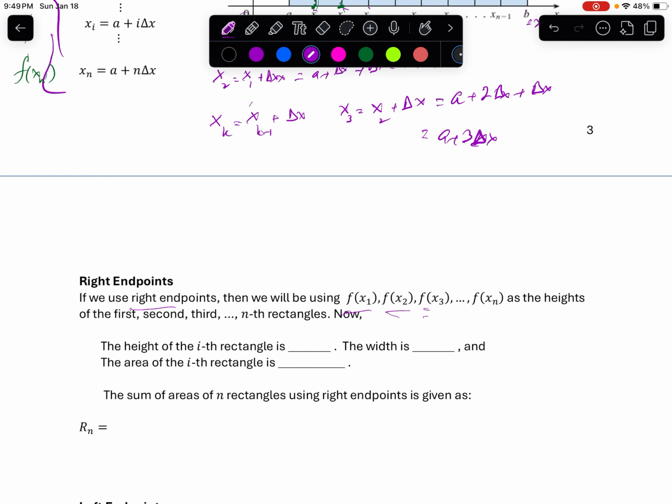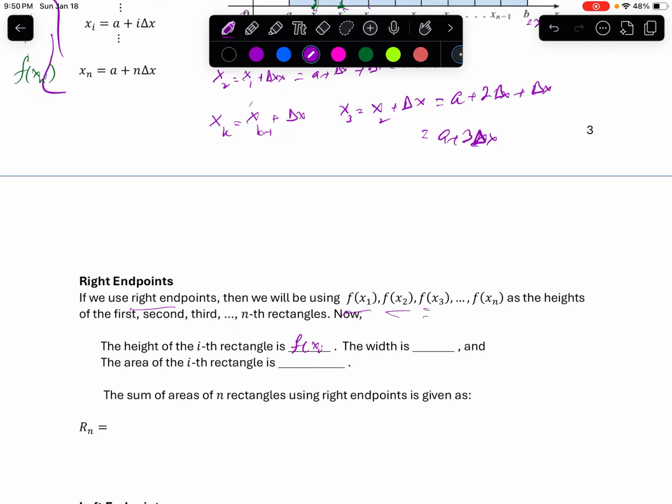So what will be the height of the ith rectangle? Well, if you note here, the height of the first rectangle is f of x1, second is f of x2, third is f of x3. So what does that tell you? The height of the ith rectangle will be f of x sub i.